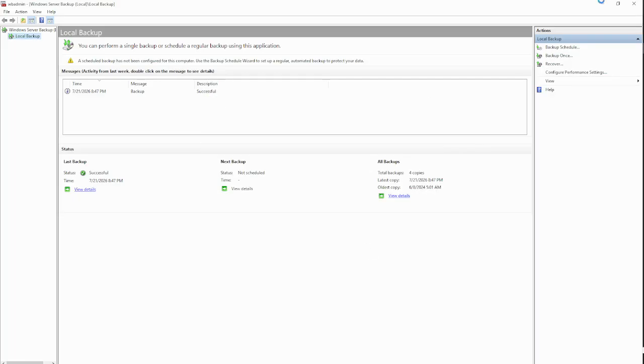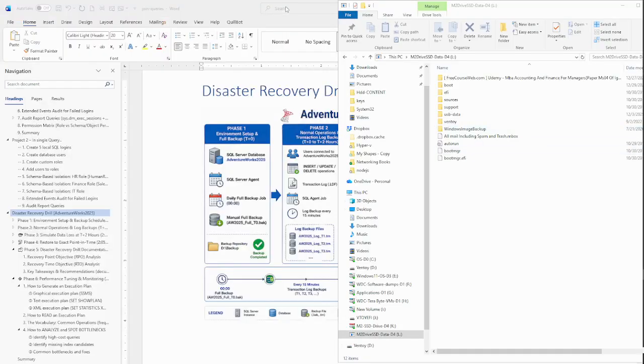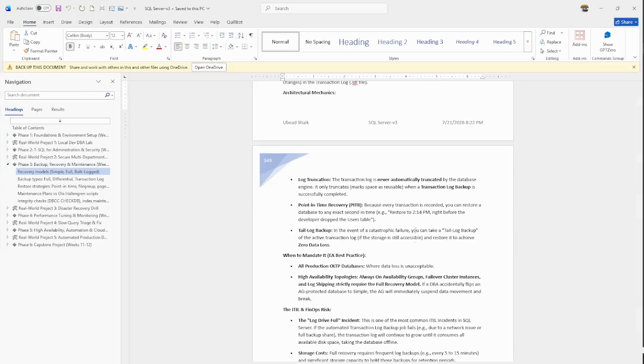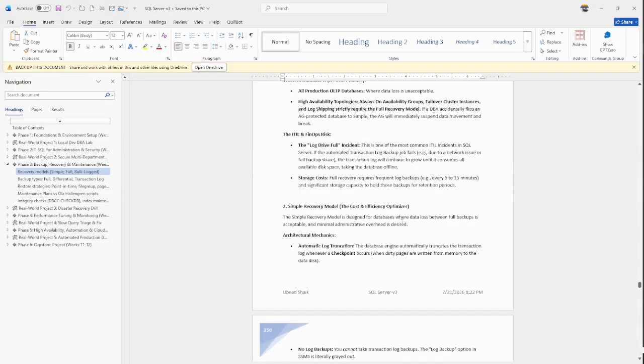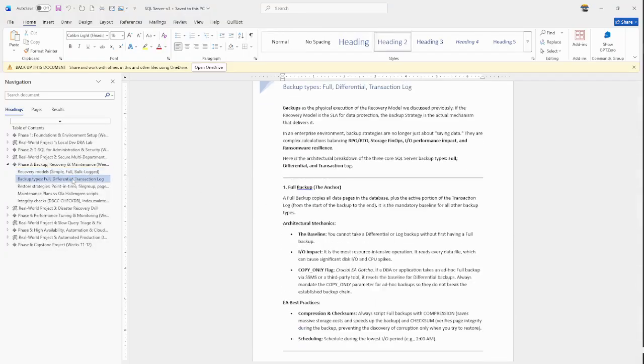Now I will go to differential backup. That's how backup will work. These are the backup types: full, differential and transaction log.